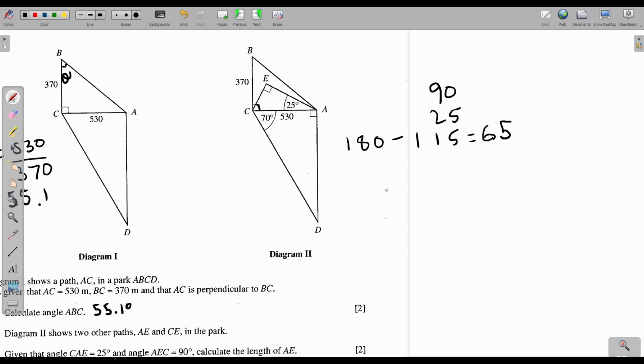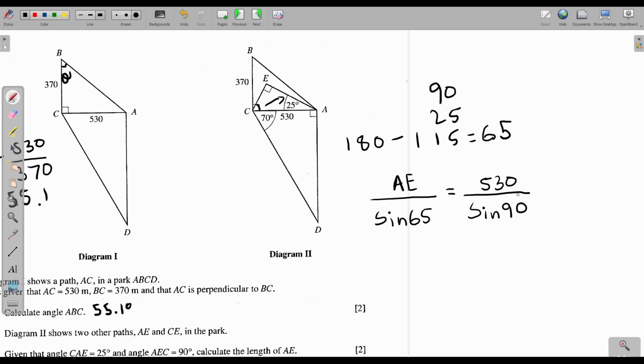There is another law called the sine law, which tells us that the ratio of the opposite length and the sine of the angle is constant. In this case, AE over sine of 65 is equal to the ratio of the length of that side and the sine of this angle, so it is equal to 530 over sine 90, right?